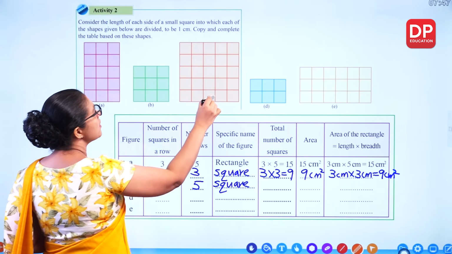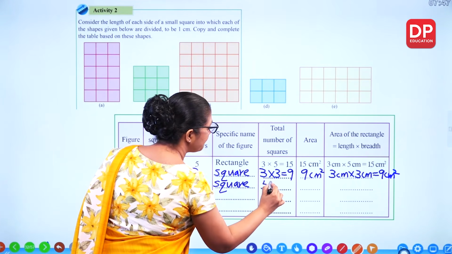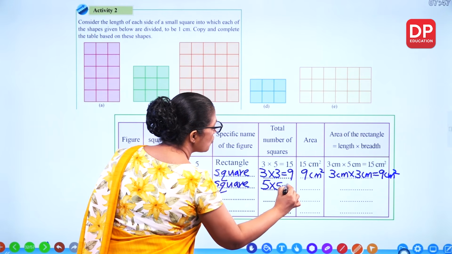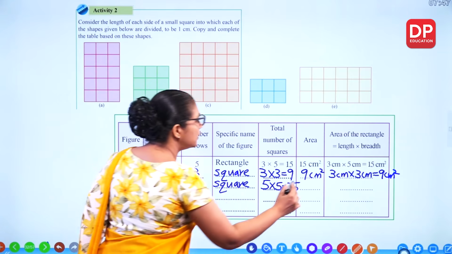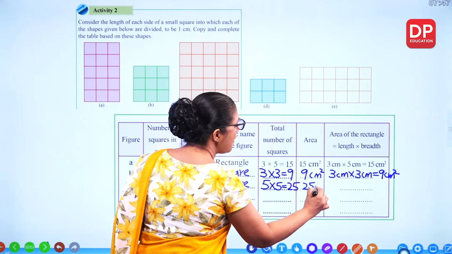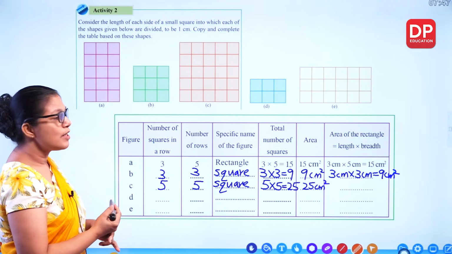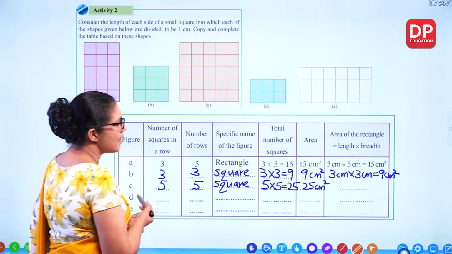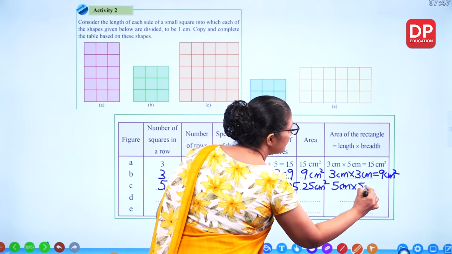When you count total number of squares, you get 5 times 5. That's 25. So what's the area? 1 square is 1 square centimeter. So this is 25 square centimeters. So if you take length into length, you get the same answer. 5 into 5.